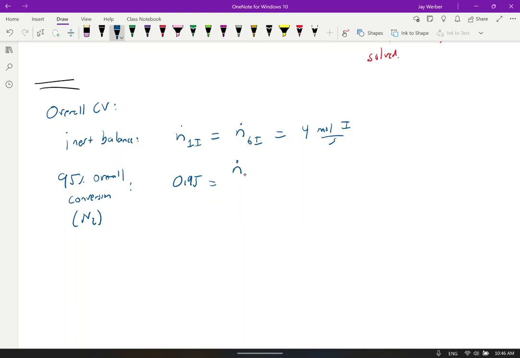So this is what's going in minus what's going out divided by what's going in.